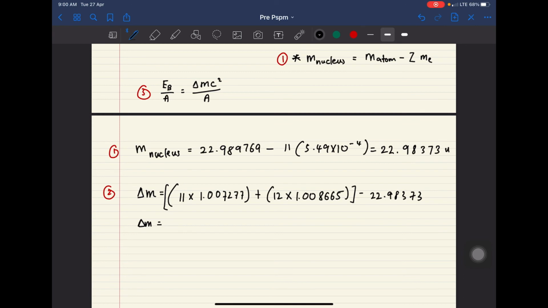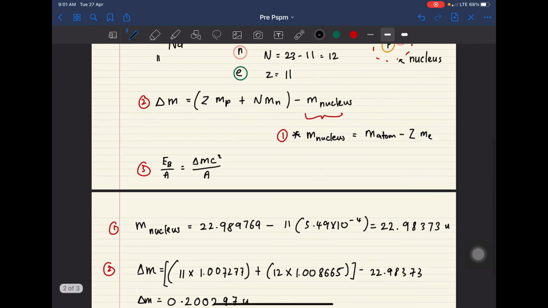I got 0.2. Again, don't round it off, just write all the numbers. The last step, the third step, is to calculate the binding energy per nucleon.